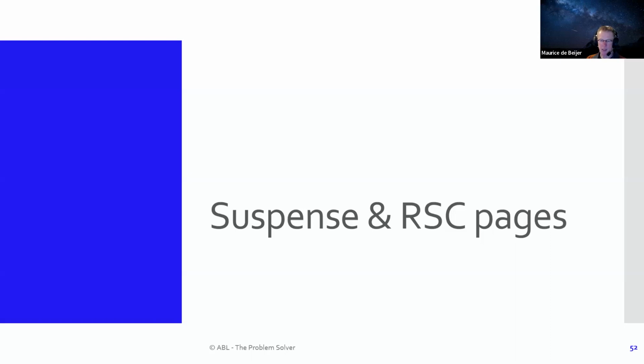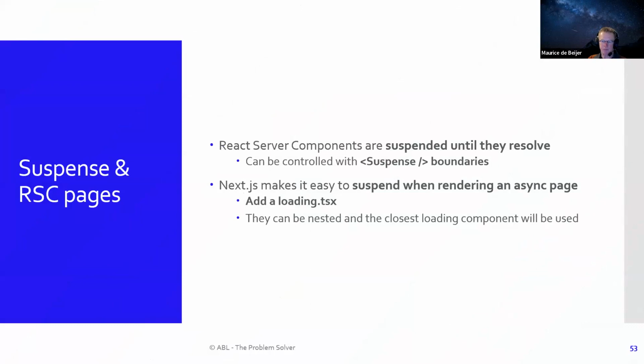But in both cases, it is actually going to use suspense. So you can always wrap React Server components in a suspense boundary and put a fallback UI in there. While they're still suspended, not completed yet, they will show that fallback UI. It's really neat, and we'll use that in a minute.